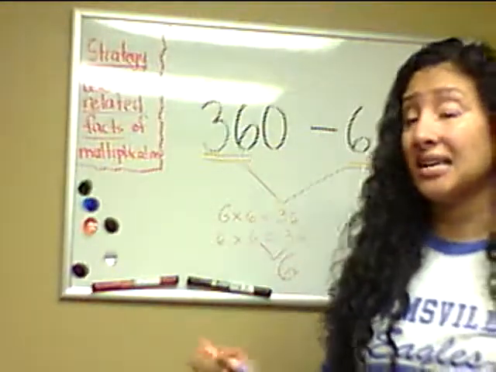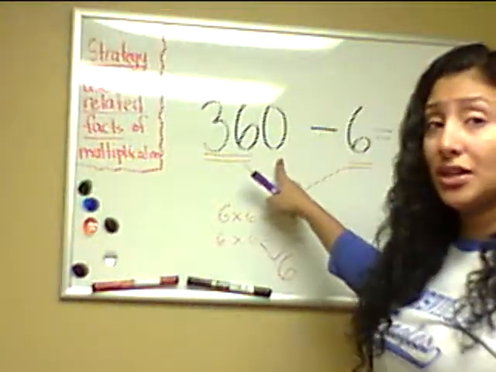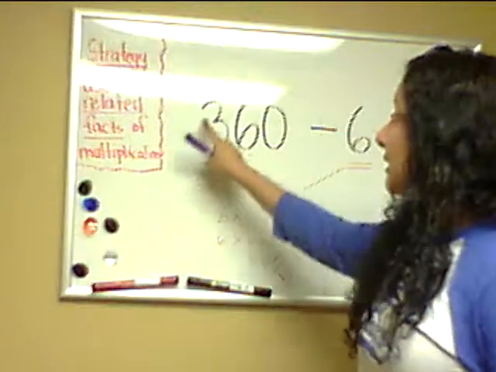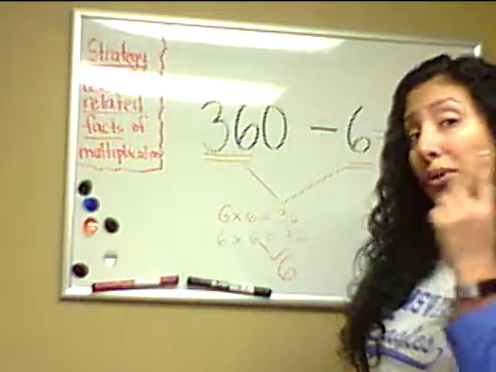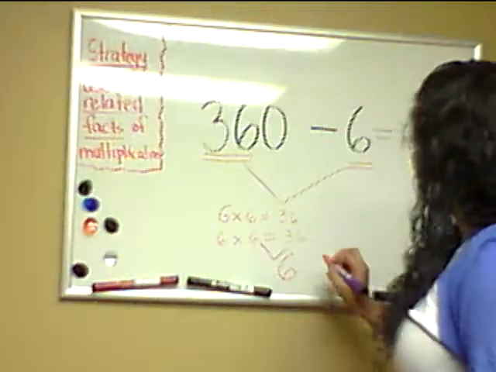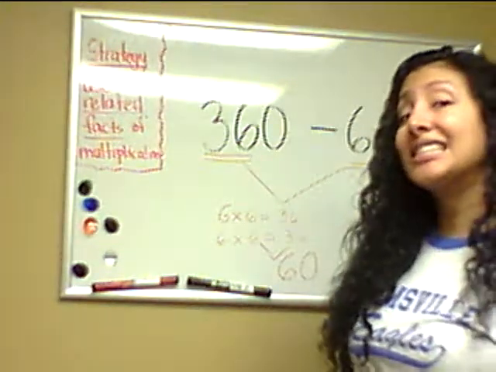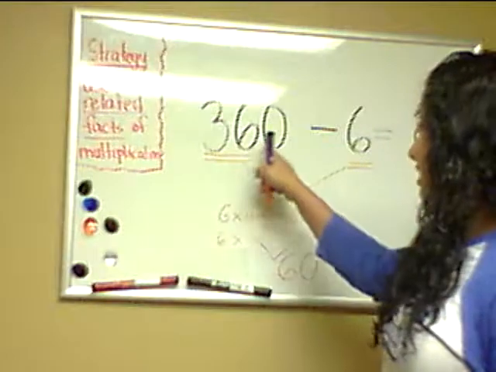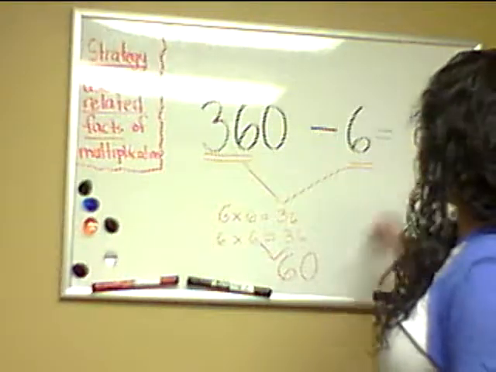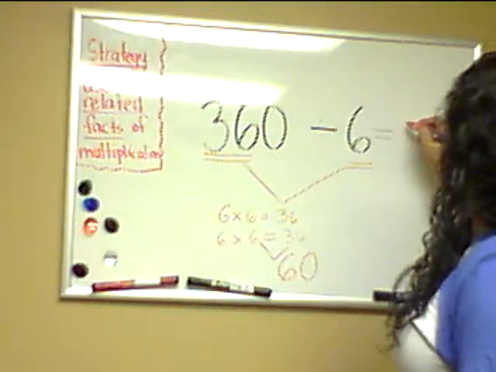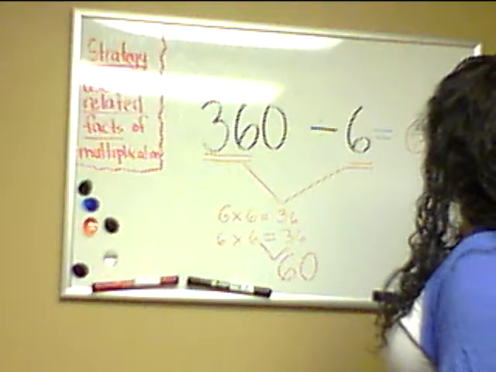But I'm not done because I've done nothing with the 0. Because 360 ends in 0 and there's only one 0 there, I'm going to add that 0 to my answer, and my answer is 60. So 360 divided by 6 gives us a quotient of 60.